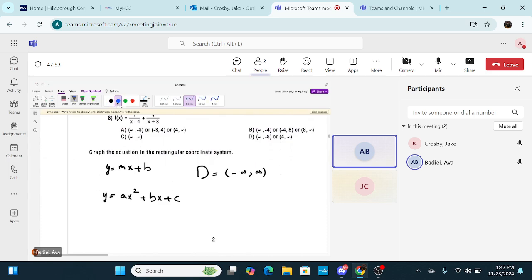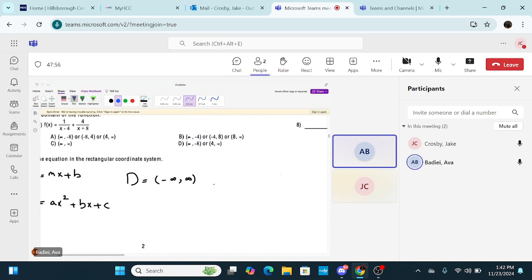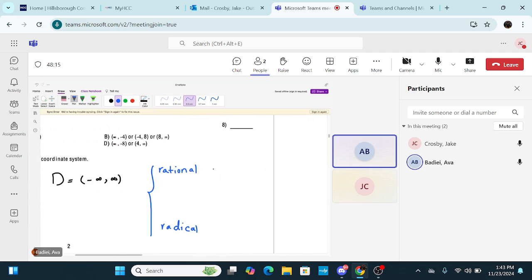But there are a few functions you need to be careful about. One of them is the rational function. The other one is the radical function. For the rational function, it is literally a fraction. We know that the denominator of a fraction can't be 0.